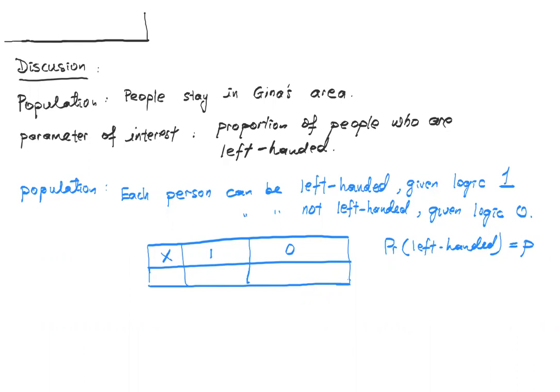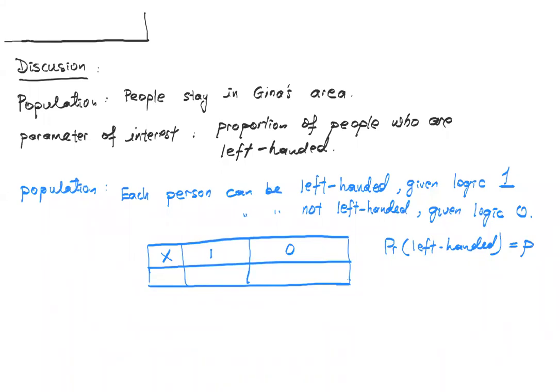Left-handed and right-handed are not numerical values. Anything that is not a numerical value, we have to put into numerical value so that we can calculate the probability, or we can calculate the mean and the standard deviation and so on.